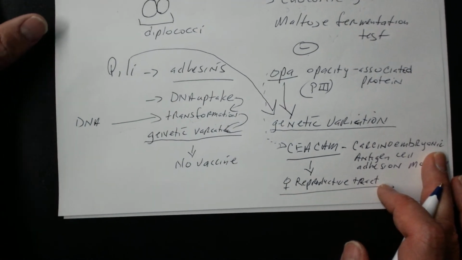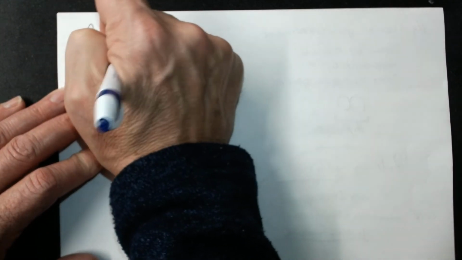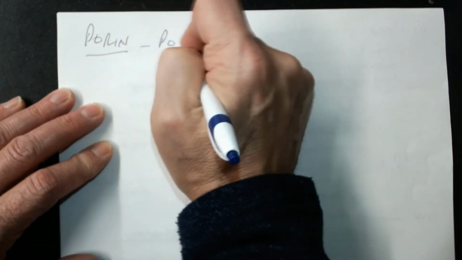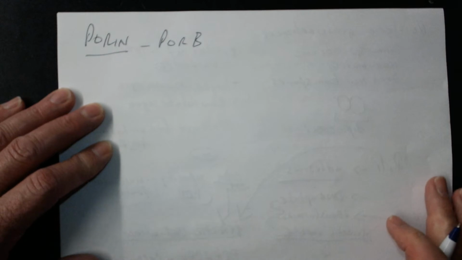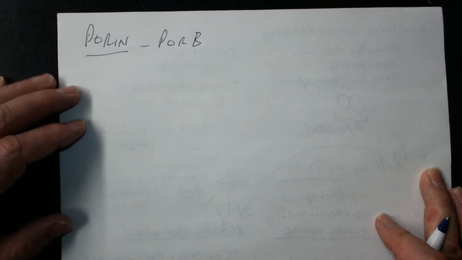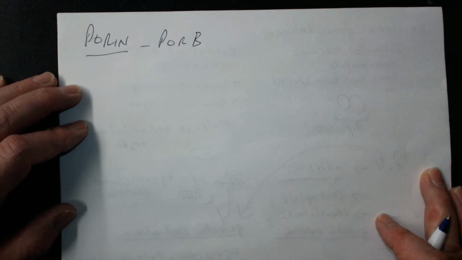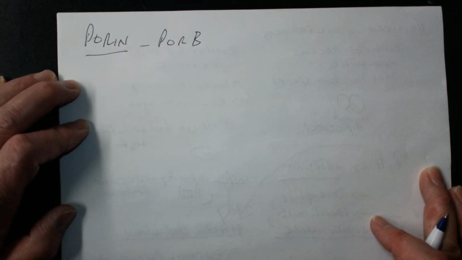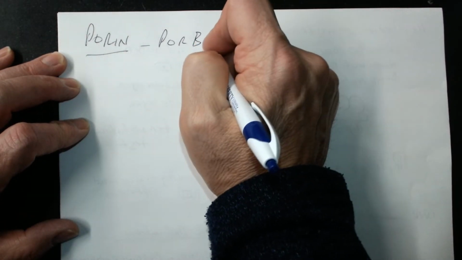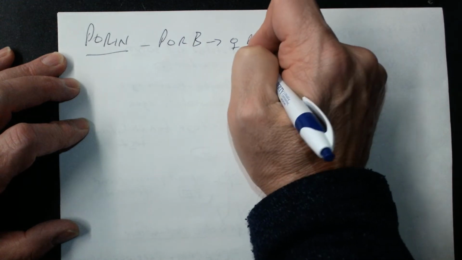Finally, there are two other entities that are important for adhesion. First of all, there's an external protein that is one of these pores in the outer membrane that allows things to come into the cell. So your porins. There is a so-called Por B. Por B allows cells to bind mainly to cells of the female reproductive tract.